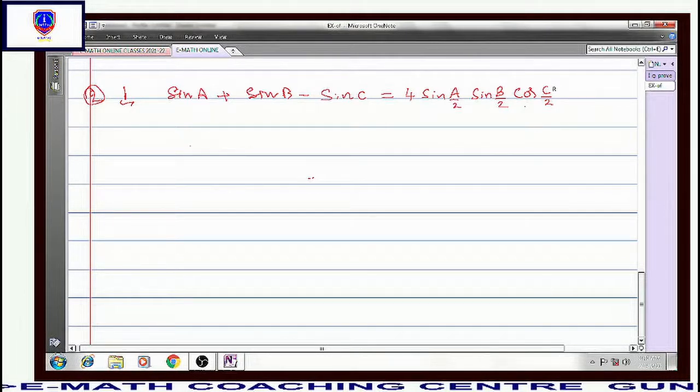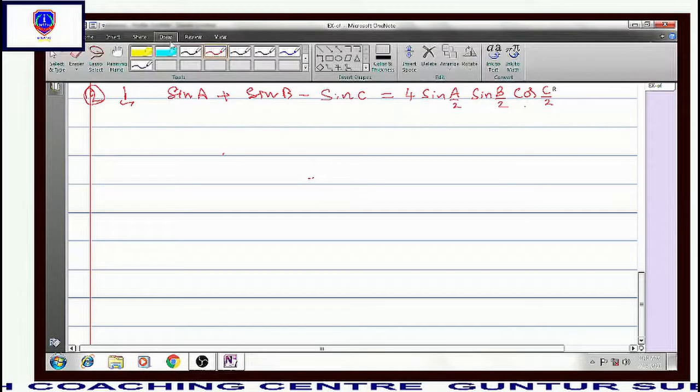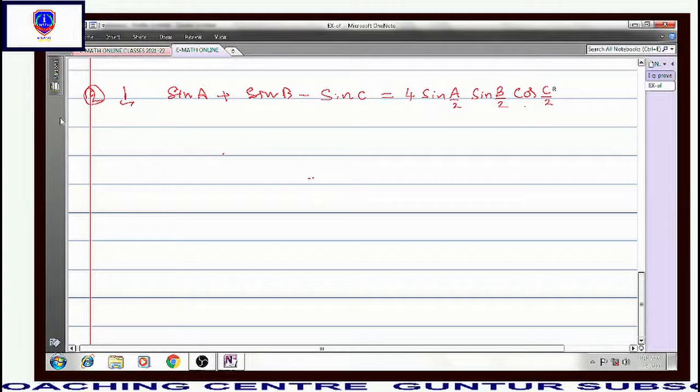Now for proving this question we have to consider the left hand side. So write down the solution.